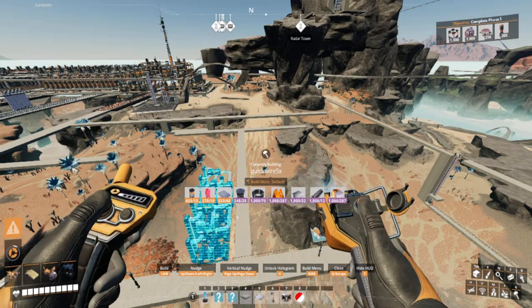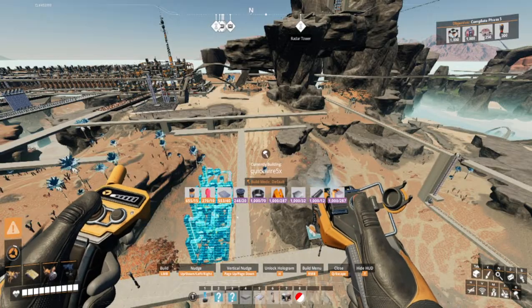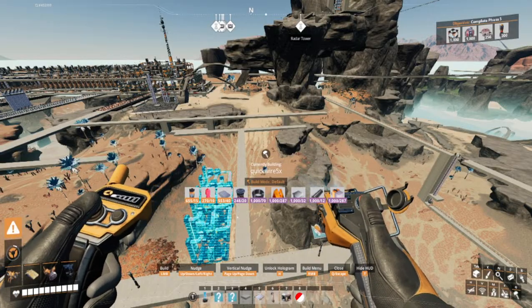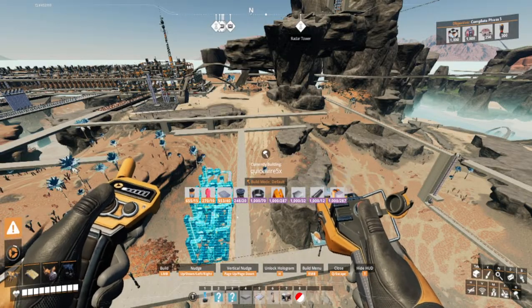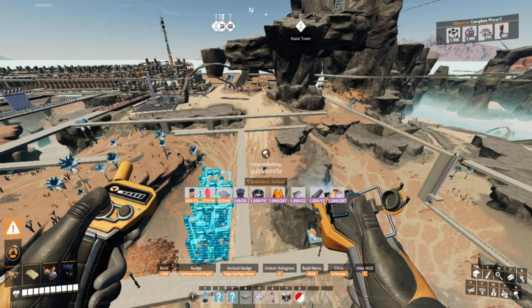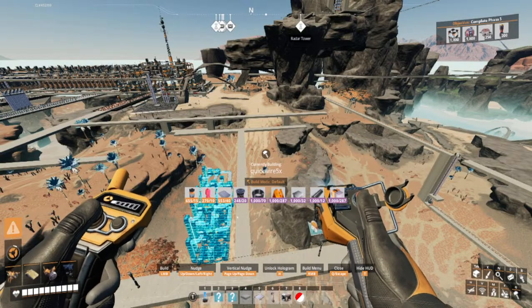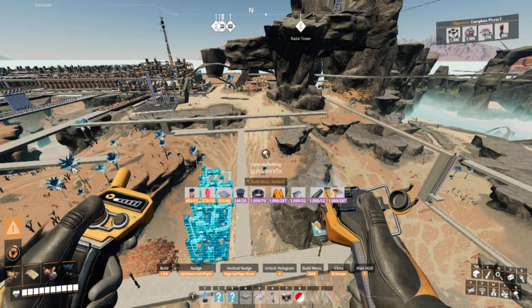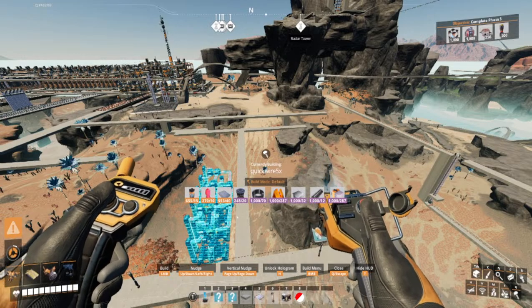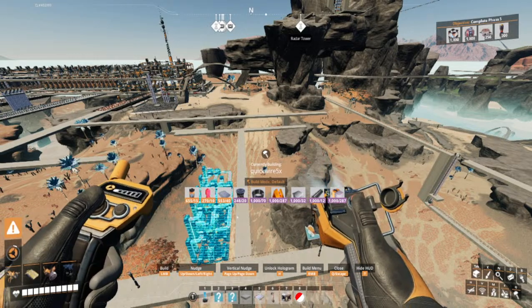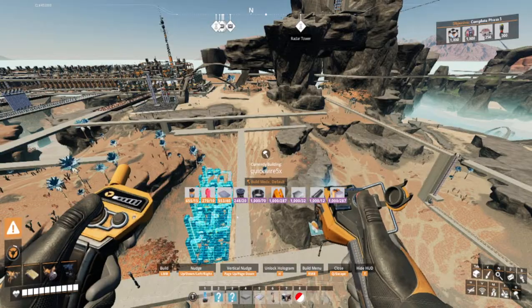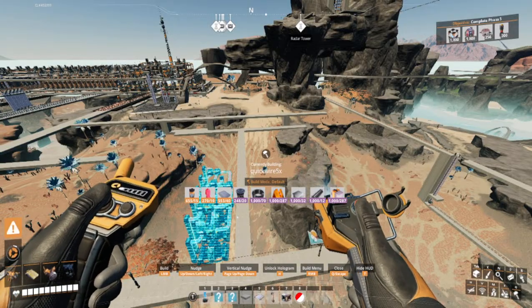10 machines. Oh, 10 machines would be extra. 10 machines on this system, if I did it like that, 2, 4, 6, 8. No, probably 10.